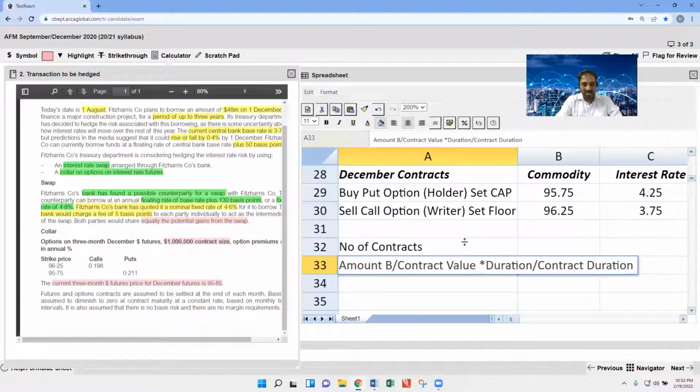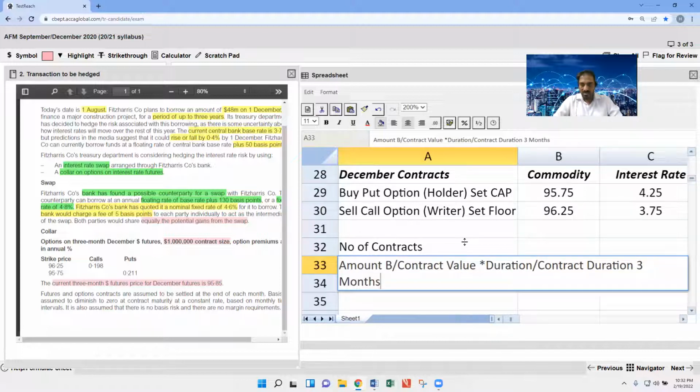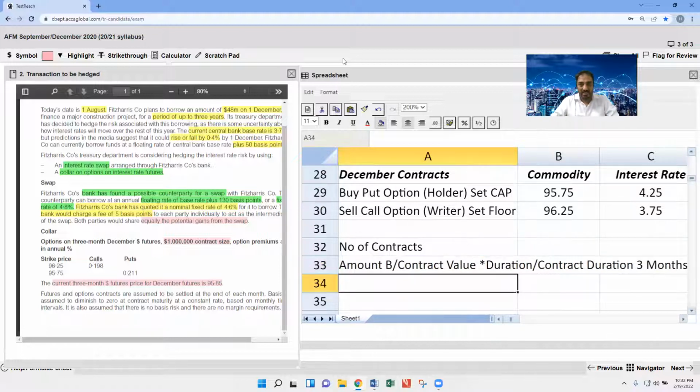And contract duration here is by default 3 months. No need to mention in detail about all the things. Can any one of you please reply to me about the number of contracts?